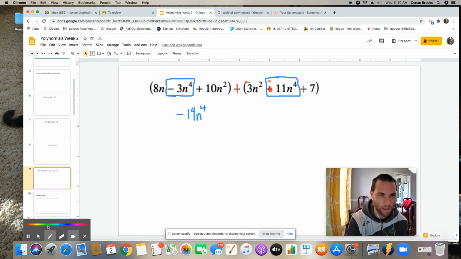Okay. And then what else do I got? I got 10n squared and negative 3n squared. Notice, like, this negative, it changed. It was positive, but now it's negative because we flipped the sign. So this is positive 7n squared.